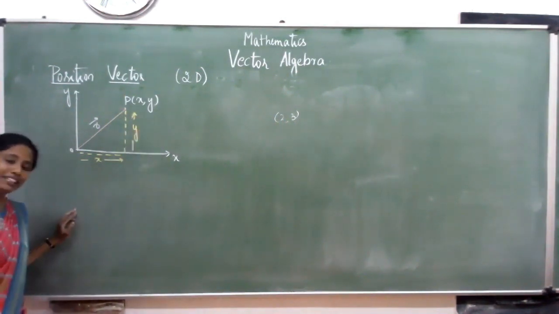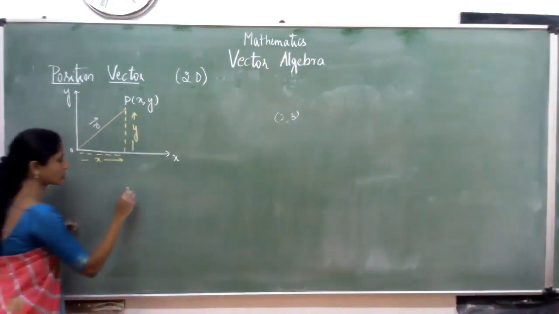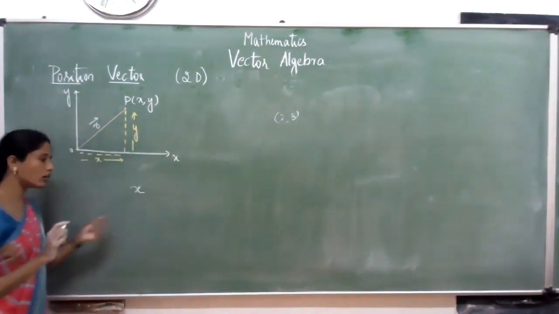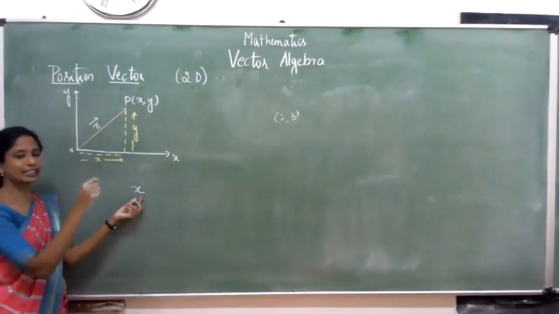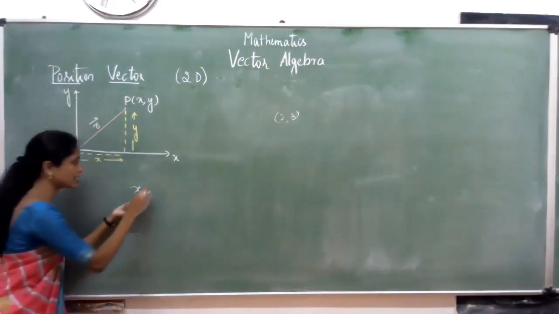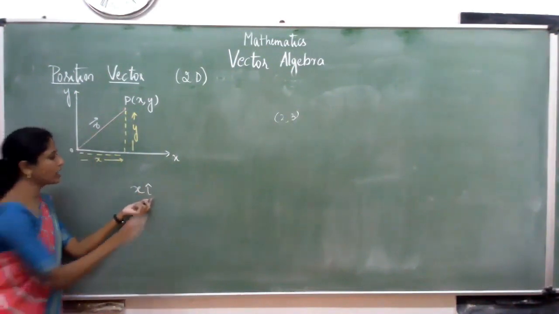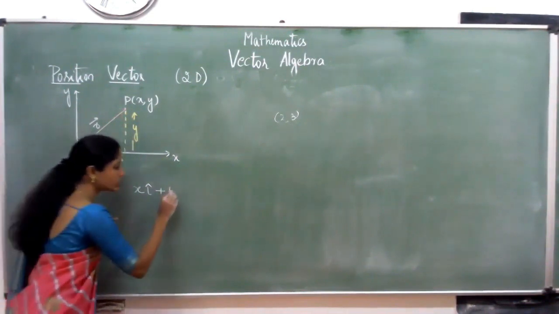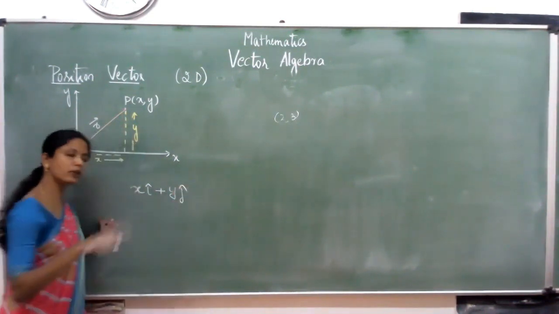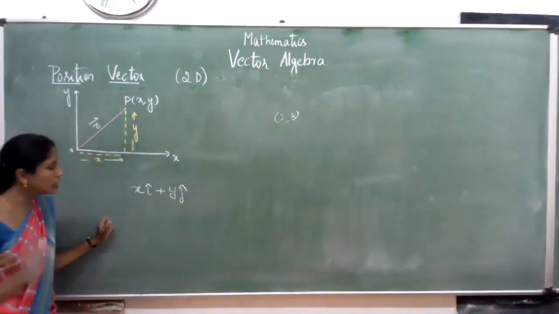So how to represent this in the vector? See here I am moving x units along x-axis. So along x-axis, what is the unit vector? It is I cap. So x into I cap. Then after this, I am moving along y-axis by y units. Therefore, y into j cap, because j cap is the unit vector along the y-axis.